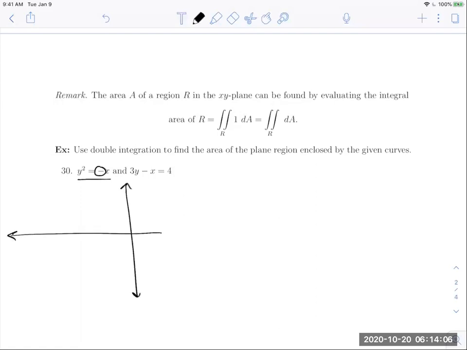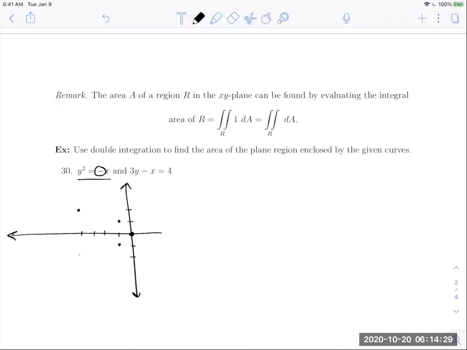So if I sketch that, when x is 0, y is 0. Okay. When y is plus and minus 1, x is negative 1. When y is plus and minus 2, x is negative 4.